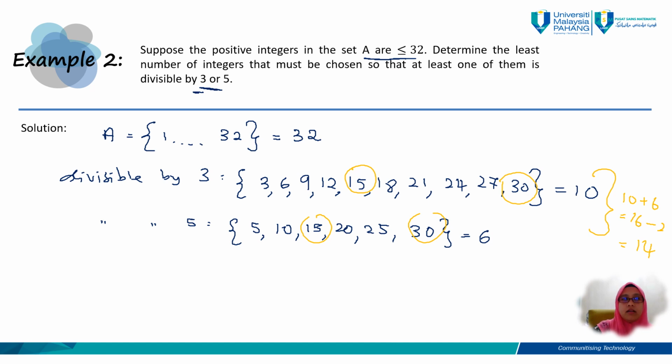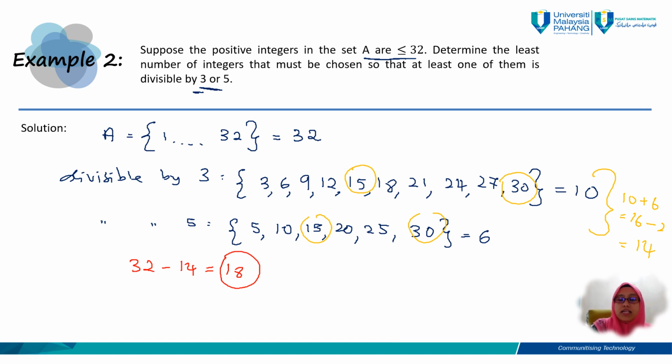Okay, so this implies that from the total numbers 32 minus 14, we have 18. That means 18 numbers cannot be divisible by 3 or 5.